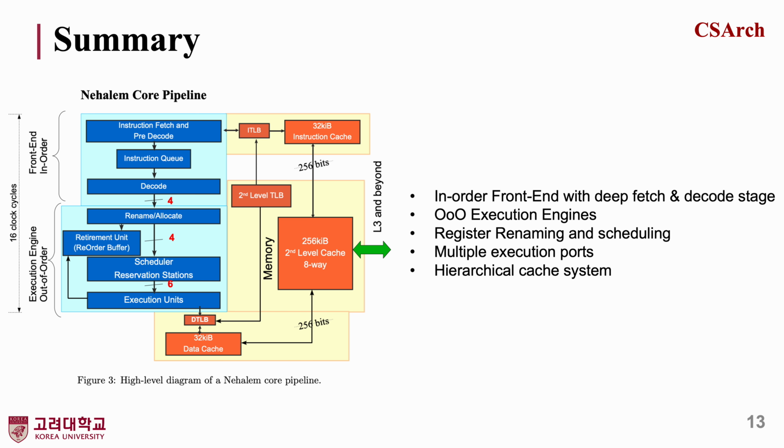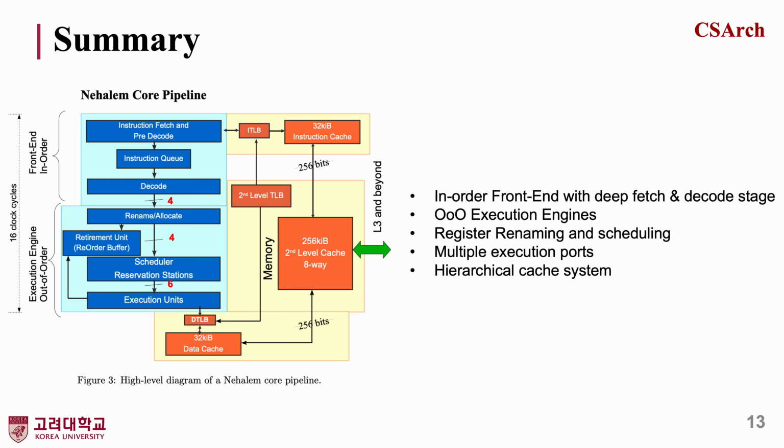So, to summarize the Nehalem microarchitecture, first, the front end is in order but has a deep fetch and decode pipeline. This helps handle complex x86 instructions more efficiently. Second, the execution engine works out of order. This allows instructions to be dynamically scheduled, improving instruction level parallelism.